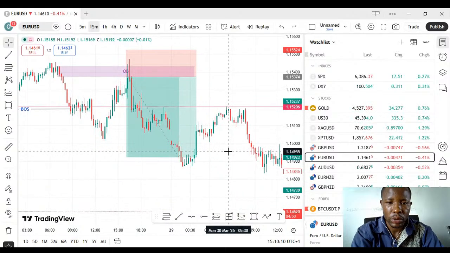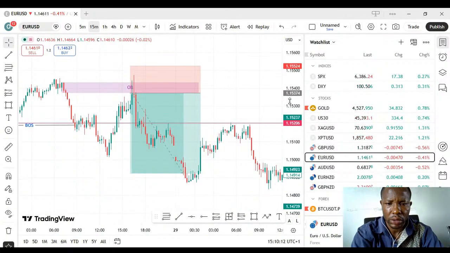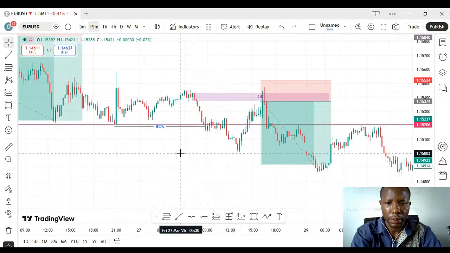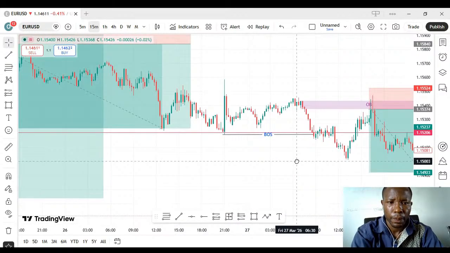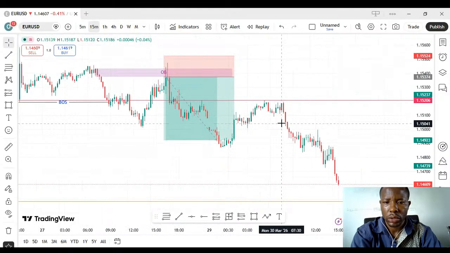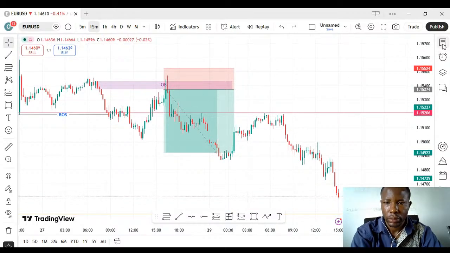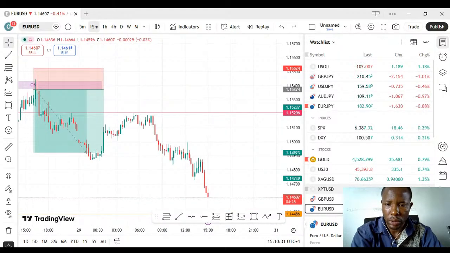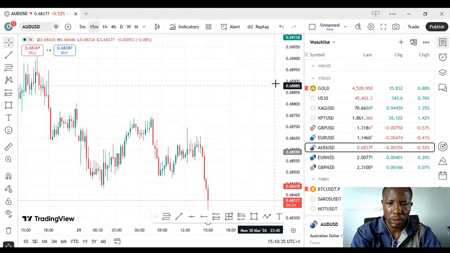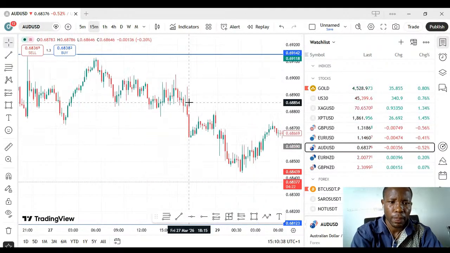This trade, I don't know if I dropped this trade of Euro USD for us last time, right? We took it, and Euro USD is actually swinging south. That's to say AUD USD should be swinging south. So let's go see if we can see setups there.